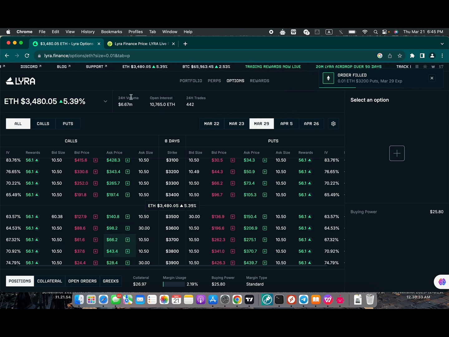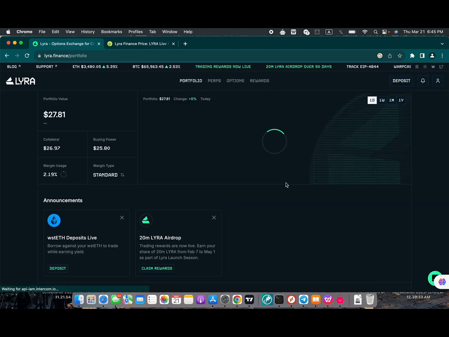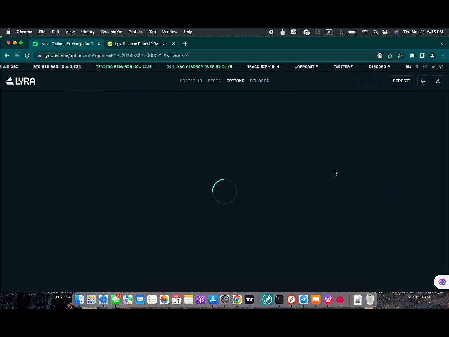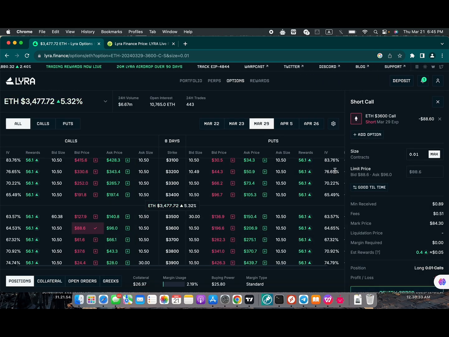I close this too, because if we want to try this strategy again, it's best you do one strategy at a time. Sometimes when you try some sell option strategies, they pay you immediately and it cuts out from the options you've already taken.